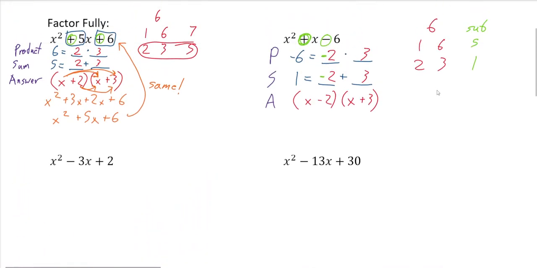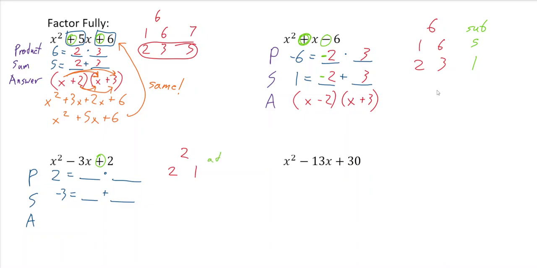Okay, let's go ahead and try these out. We're going to do PSA. The product is 2. The sum is negative 3. So the only two numbers that work are 2 and 1. There's no other option. And since this is adding, these have to be adding together.